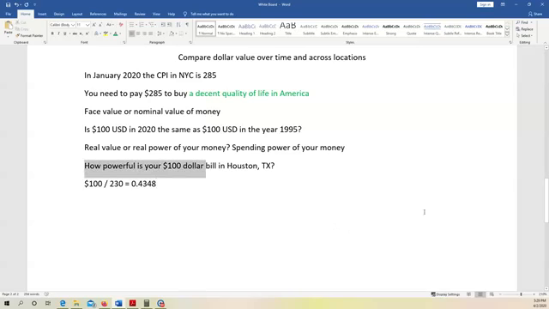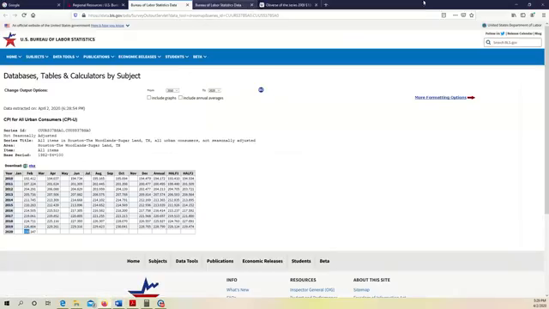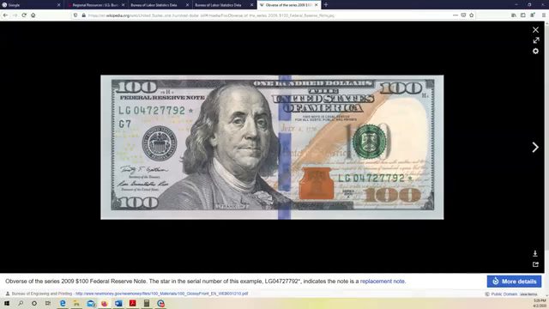Now, let me repeat this question for a different location. How powerful is your $100 bill, not in Houston, Texas, this time in New York City? How powerful is your $100 bill? The same piece of paper.